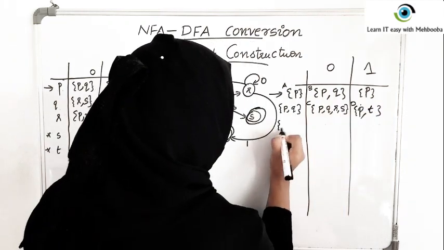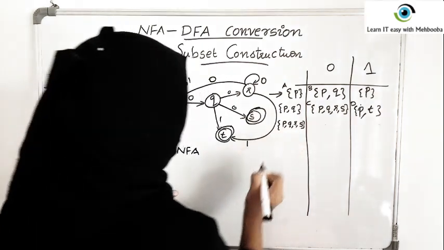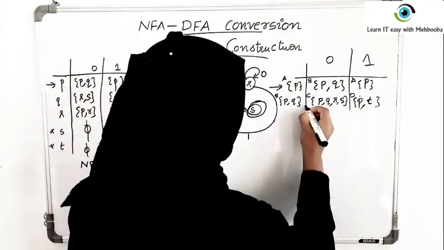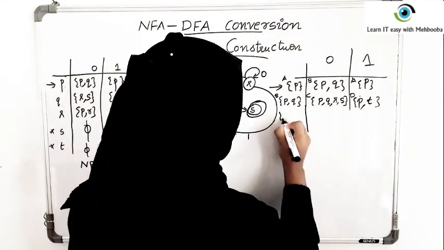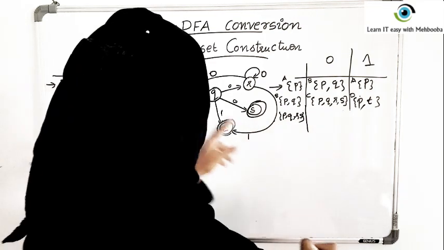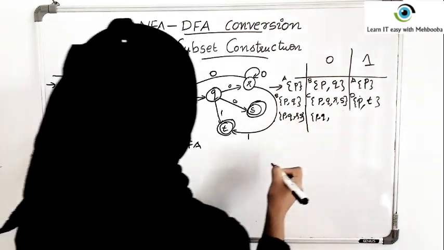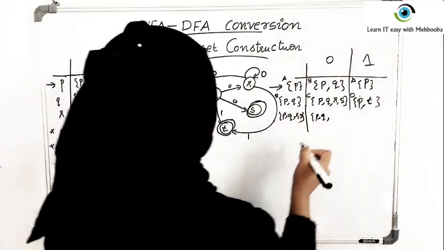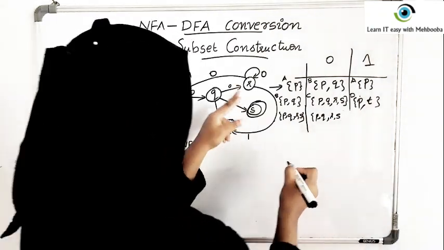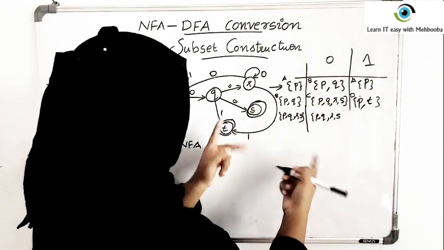Now we will take C. P, Q, R, S. P on 0 gives P and Q. Q on 0 gives R and S. Now R on 0 gives R itself and P, both of them are written, and S on 0 gives you nothing.